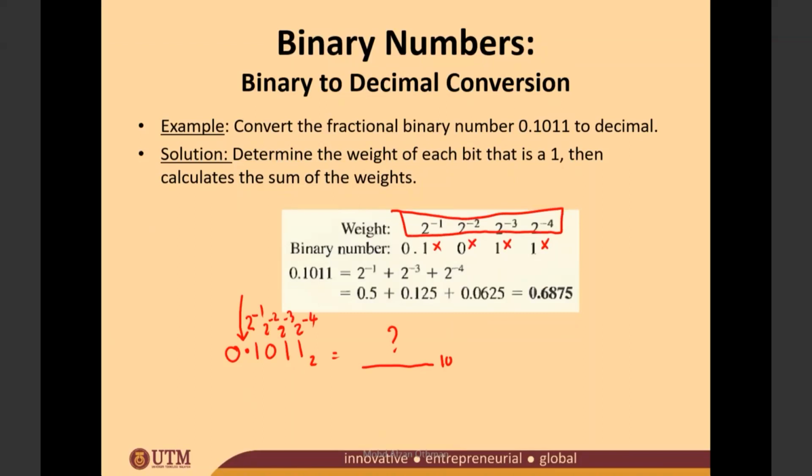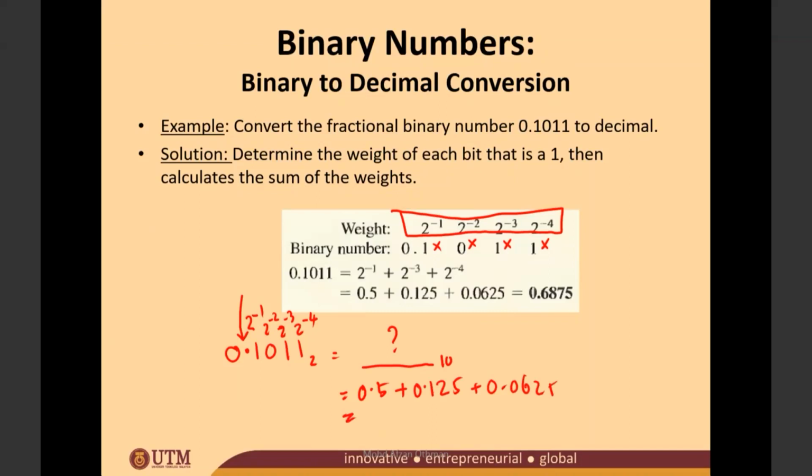Okay, once you get the pemberat, and then you multiply lah, darab dengan dia punya bits. So kamu akan dapat 2 power negatif 1 ni adalah 0.5 lah, tambah dengan 2 power of negatif 3, so yang ni adalah 0.125, dan tambahkan dengan 1 bahagi dengan 16, so this is 0.0625.